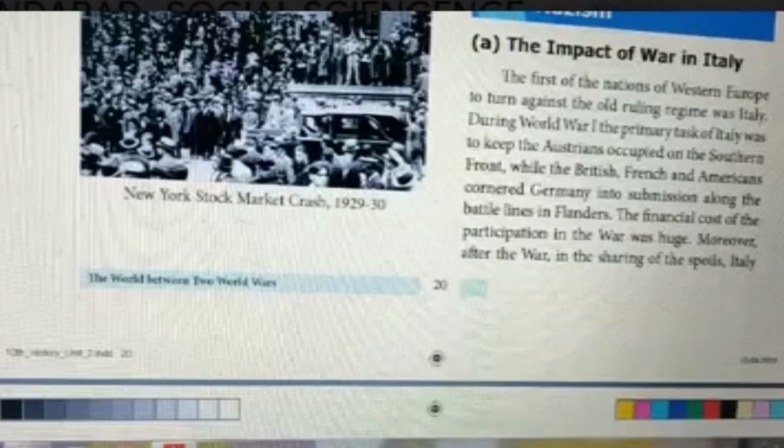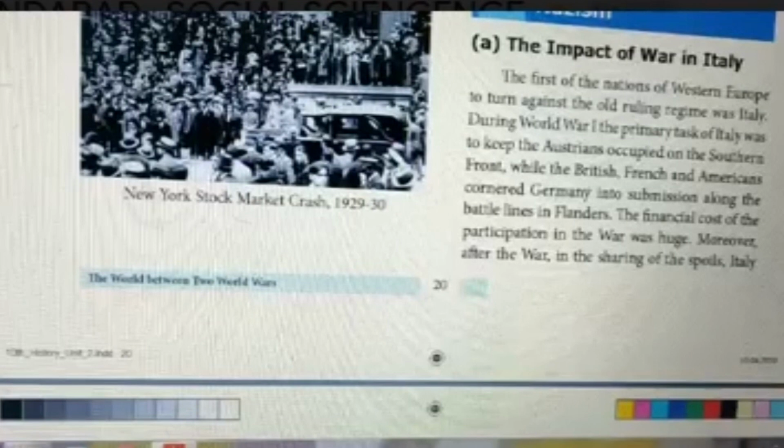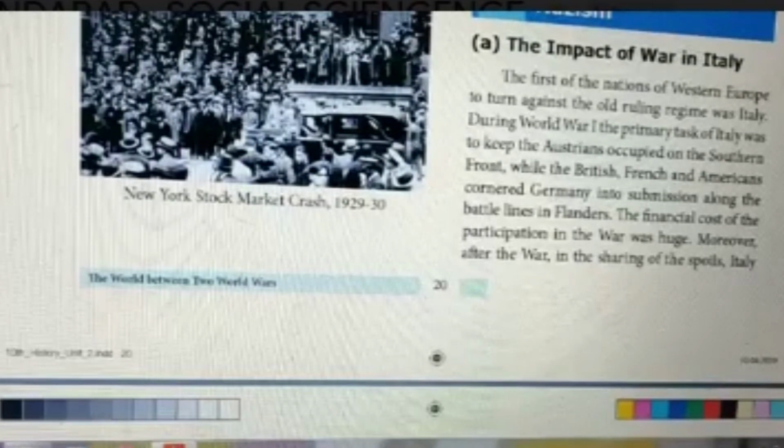The fascist ideology appeared with Benito Mussolini in Italy in 1922, Adolf Hitler in Germany in 1933, General Franco in Spain in 1939, and Tojo in Japan. Germany followed Nazism under Hitler, and Italy followed fascism under Mussolini. These had dangerous impacts in the world.